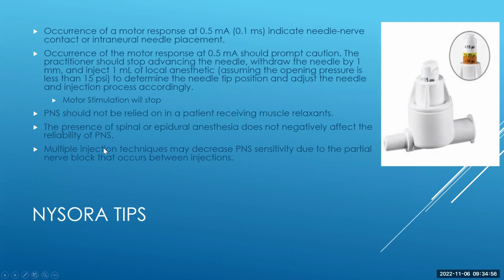Just because you elicit motor stimulation from the radial nerve, you inject, and now you're looking for the ulnar, I wouldn't necessarily think that's going to happen very reliably. The fact that you're injecting to go and find another nerve is going to be iffy, because the local anesthetic could spread over there, and that could cause more problems than benefit.